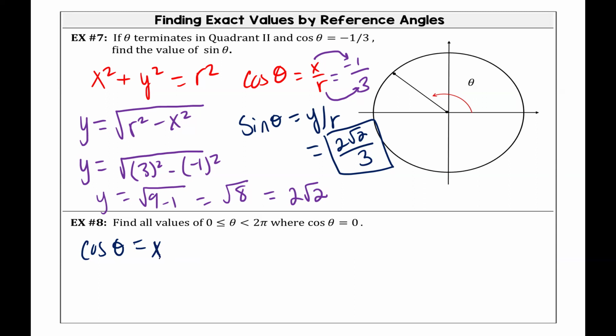So if I need x to equal 0, what values? It says in terms of radians, so we know that theta can equal pi over 2 or 3 pi over 2.